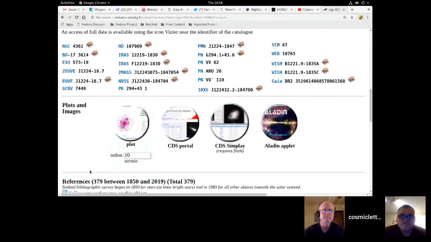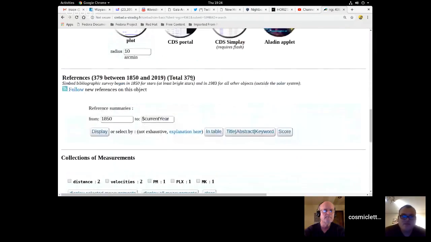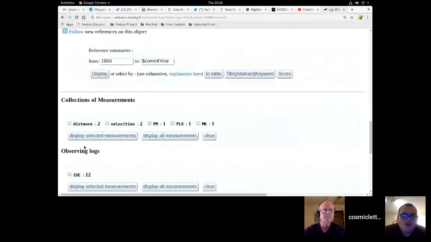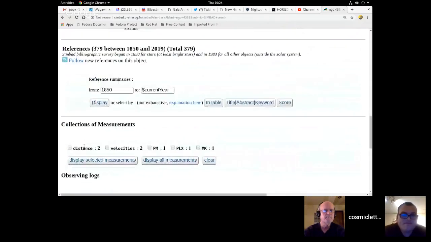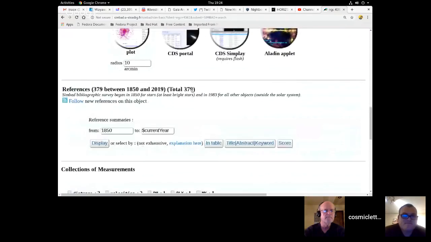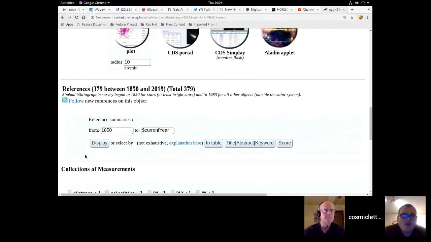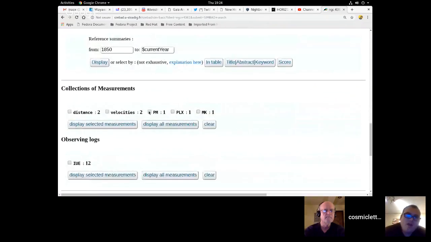Wow, so pretty well studied. 379 references, supposedly. So that's pretty interesting, pretty exciting. It seems as though we might know a little bit about this object. Got some distance measurements here.